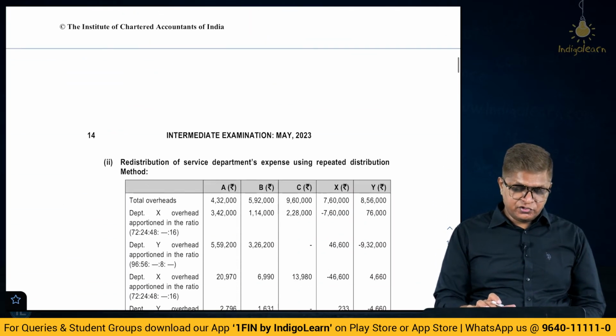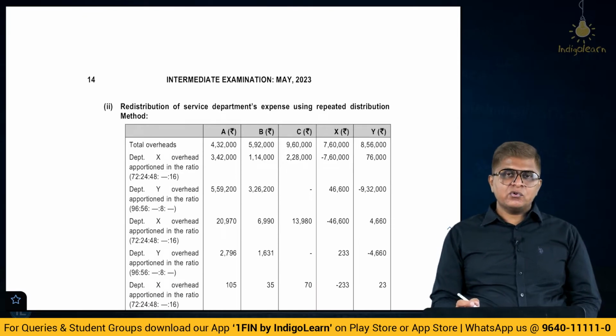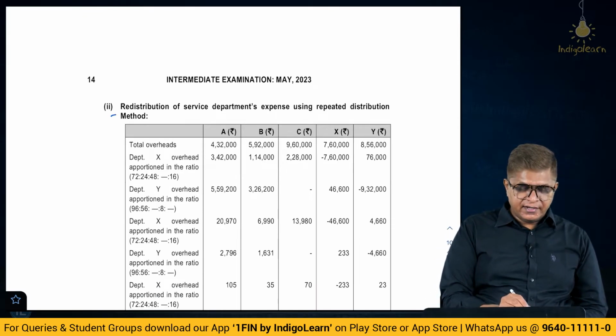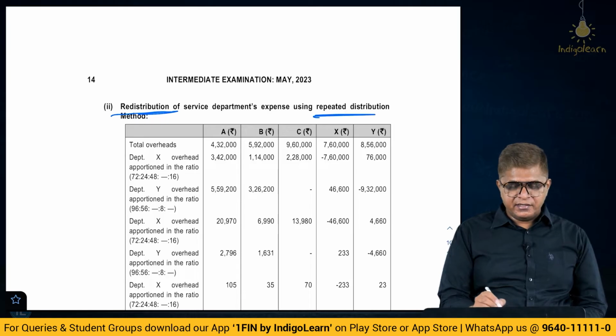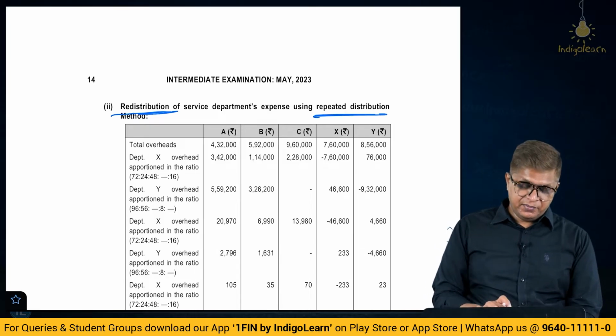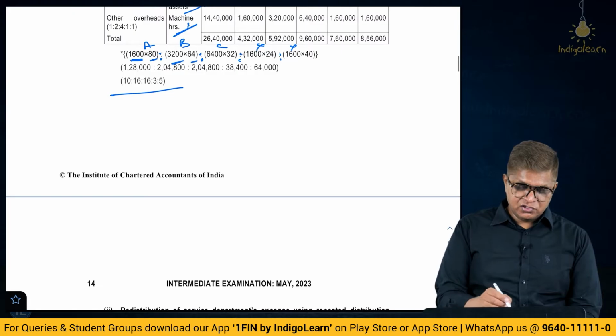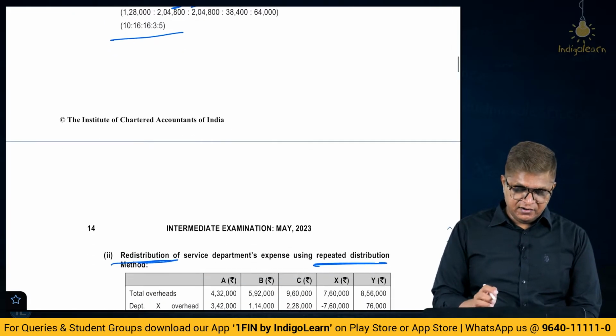Once the primary distribution of overheads is done, then we go to the secondary distribution or the redistribution using the repeated distribution method. Now from the previous working, we have this total overheads. We start from there.